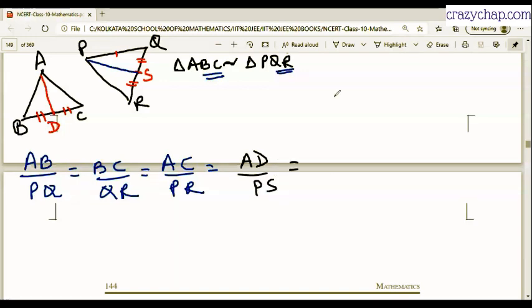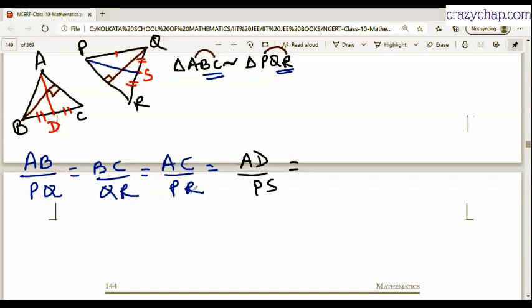Similarly, if there is a perpendicular drawn from B to side AC, and a perpendicular drawn from Q to side PR, please understand, I have drawn the perpendicular on side AC and on side PR, correct?